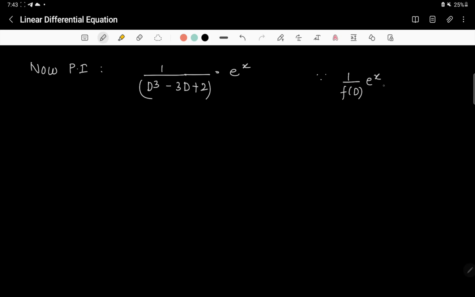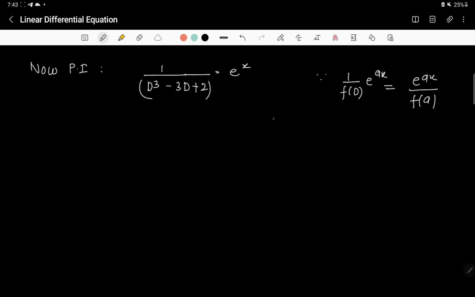So what is the particular integral? For PI we write 1 upon d cube minus 3d plus 2 of exponential x. You know that if 1 by f of d acts on exponential ax, the solution is exponential ax upon f of a.